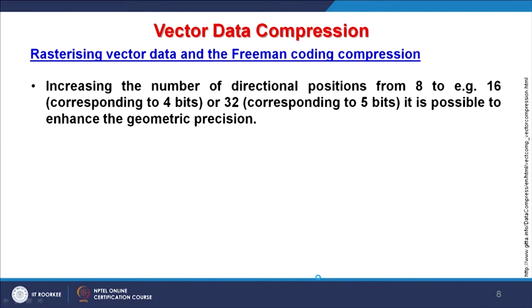By increasing the number of directional positions from 8 to, for example, 16 corresponding to 4 bits and 32 corresponding to 5 bits, it is possible to enhance the geometric precision, and by which we can also achieve better compression. So, codes can be stored using integer types.